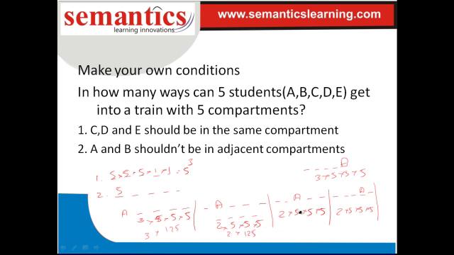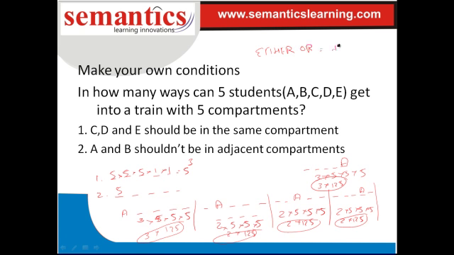So it's either the first case or the second case or the third case or the fourth case or the fifth case. It's not all the 5 cases happening at the same time. Whenever you have a condition like either or, either the first one or the second one, then you will have to add up all those numbers. So here we have either first case or the second case or the third case or the fourth case or the fifth case. The rule is addition.